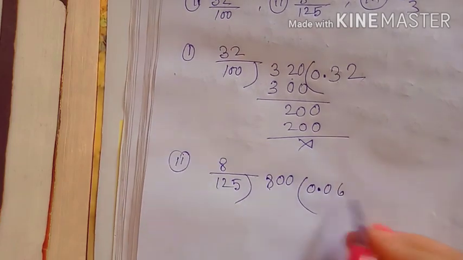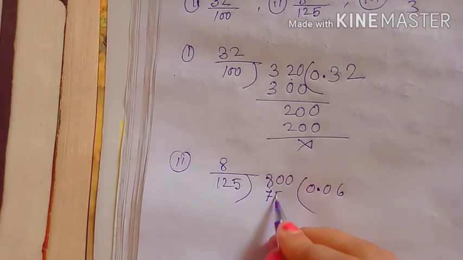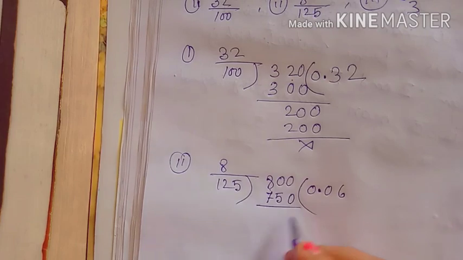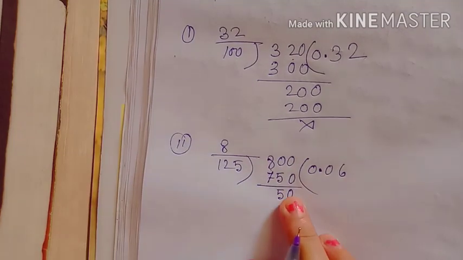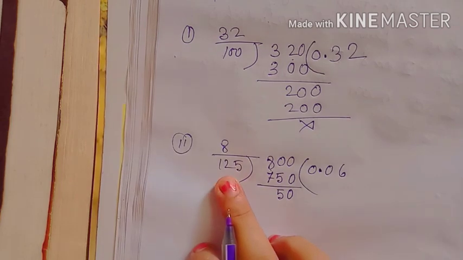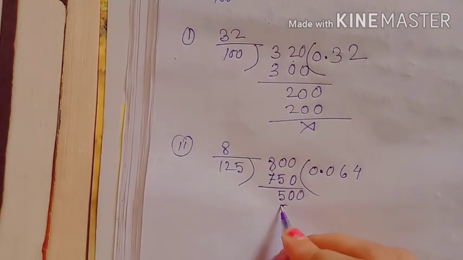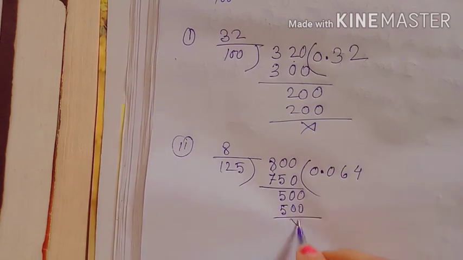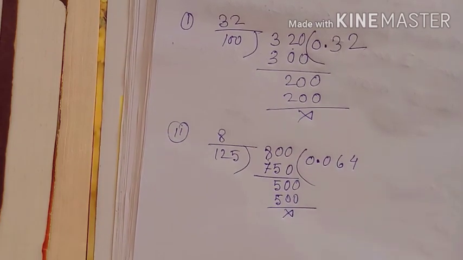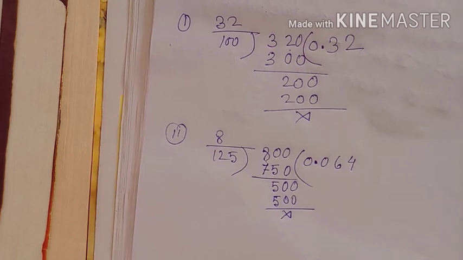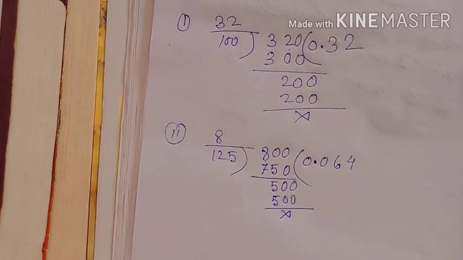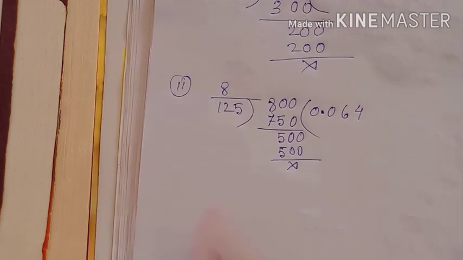So 6 times gives 750. Remainder is 50. Now 50 is smaller than 125, so we place a 0 here. 125 4s are 500. Again the process is terminated after a finite number of stages.